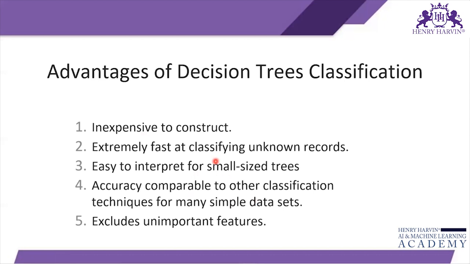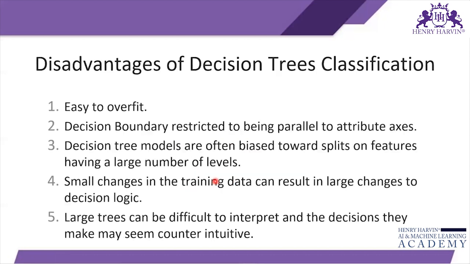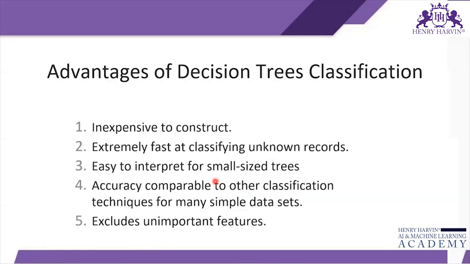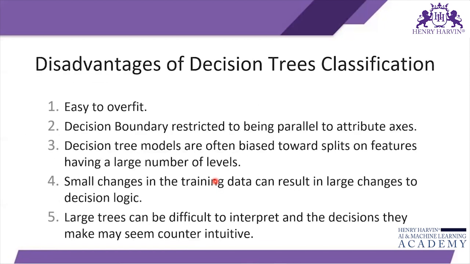So basically, it is extremely fast, easy to interpret and easy to understand, we get good accuracy for a small data set, and it leaves out the unimportant, undesired features from the data set. So those are all the advantages of decision tree classification.